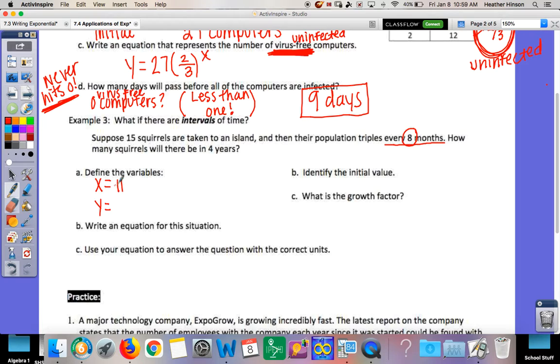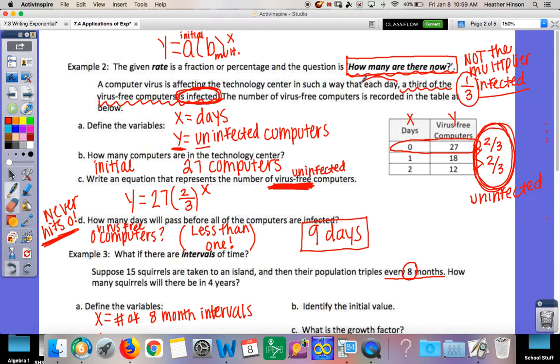This is going to be the number of 8-month intervals, because it's changing every 8 months, not every month. Like on the last problem where it said each day, so we made x days.